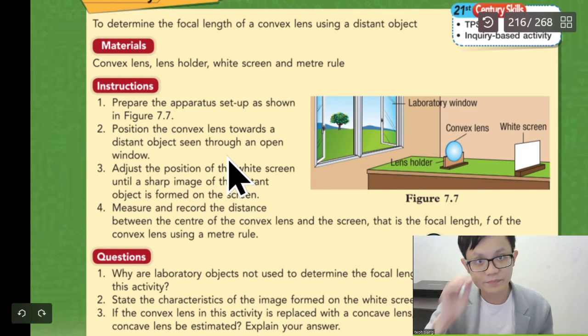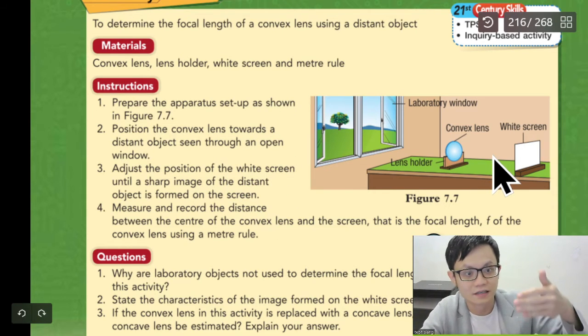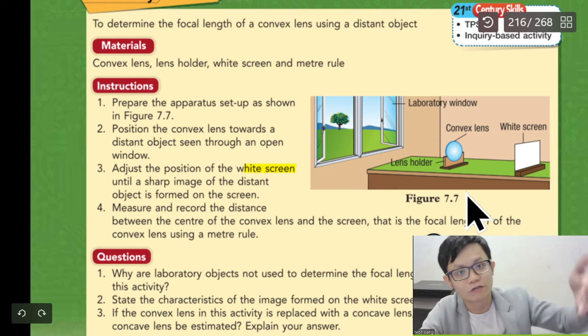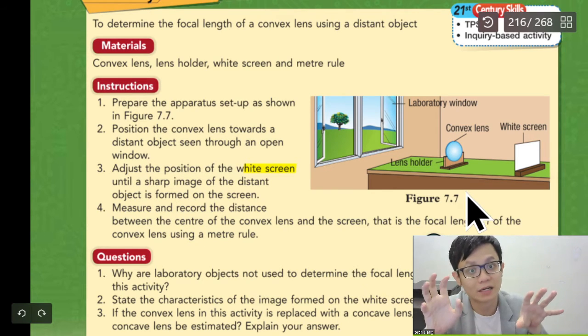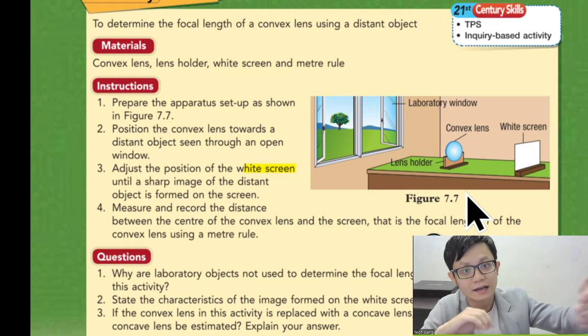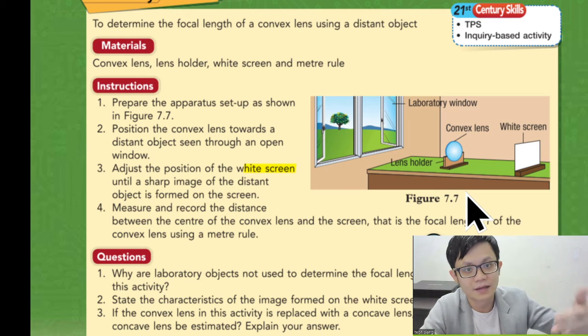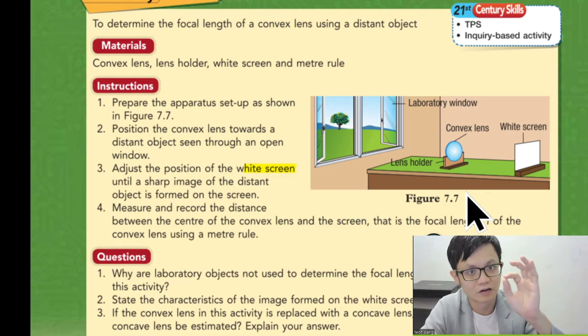So in this experiment, you need to adjust the position of the white screen. I mean, if you are too near, the image becomes blur. If you're too far, the image also becomes blur. You need to go until ngam. Then the light all focuses at one spot.